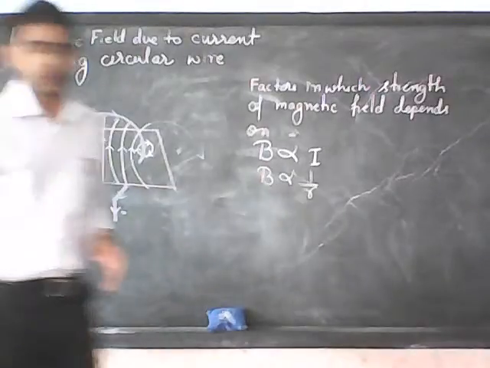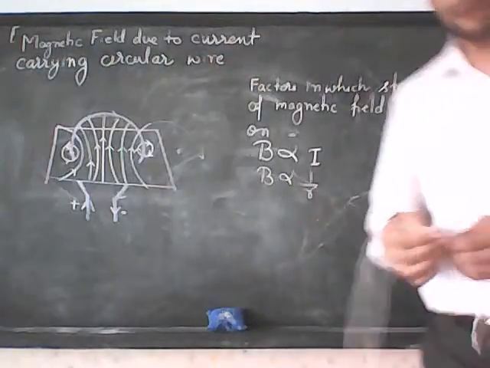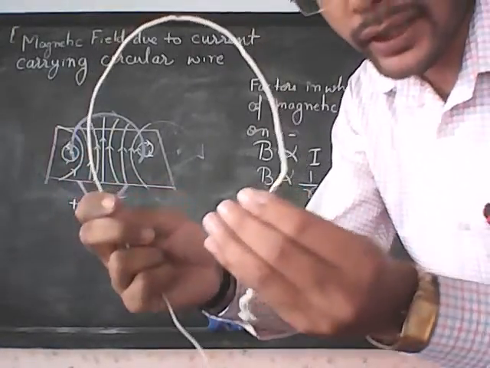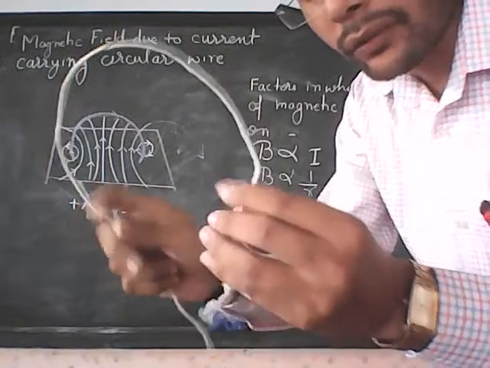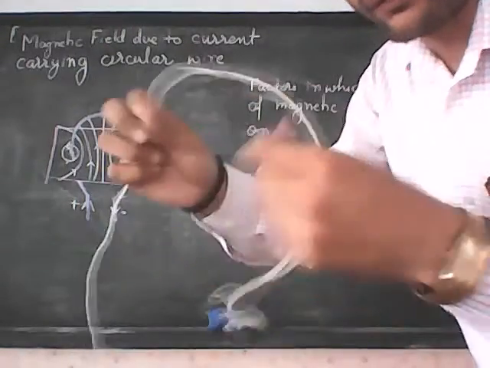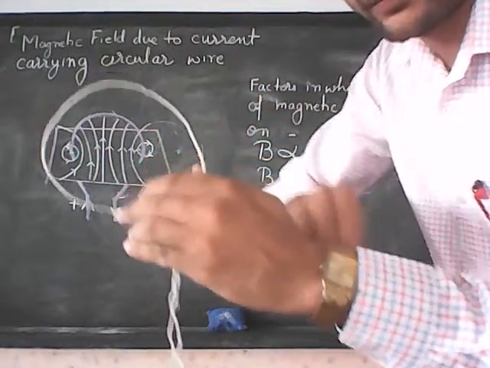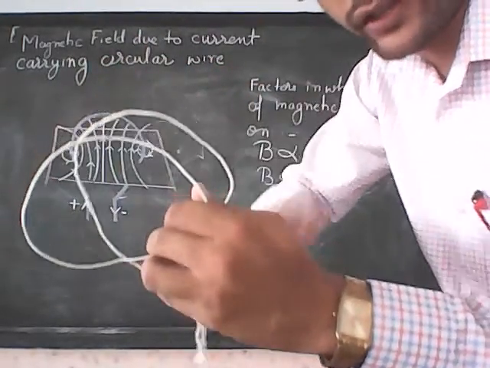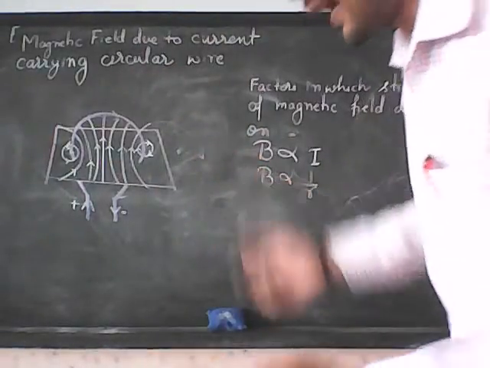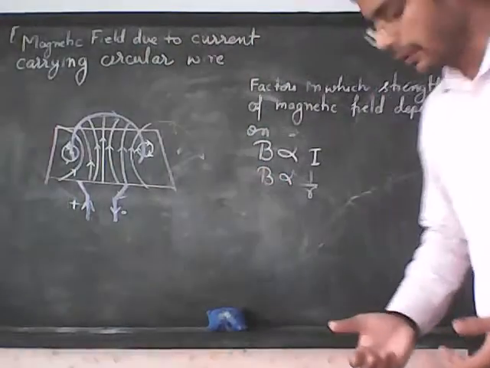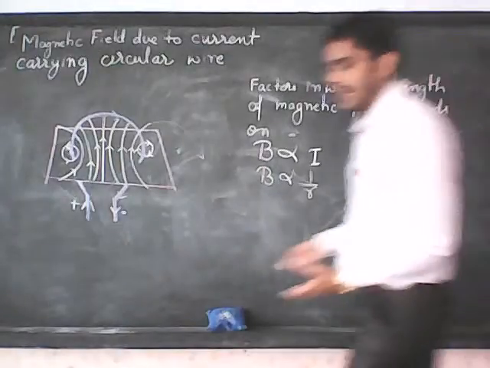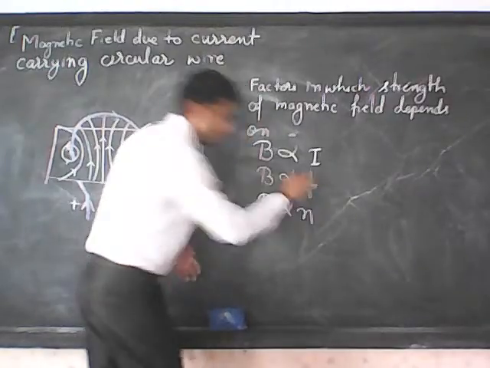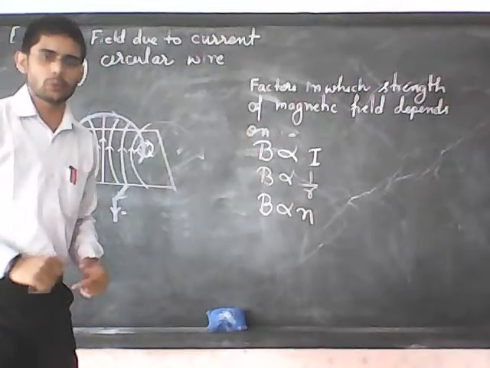If it is a single loop, now this wire, see, this is the wire. Now when you increase the number of turns of this wire, this is one turn, then this is another turn, and in a similar way when you increase the number of turns, at that time the magnetic field will increase. It means that the magnetic field is also proportional to the number of turns of the circular loop.